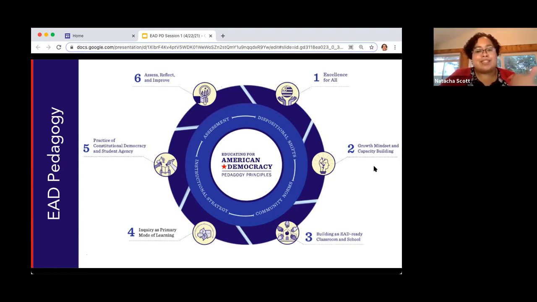As we think about stages 1 through 3, we're setting the foundation for learning dispositions, as well as the classroom environment that has to happen in order to get to those really rigorous conversations that begin with inquiry as a primary mode of learning, then practice of constitutional democracy and student agency, and then wrapping up this cycle with assess, reflect, and improve, really making sure that we're thinking about the feedback that we're getting from our students and continuing to improve practice.